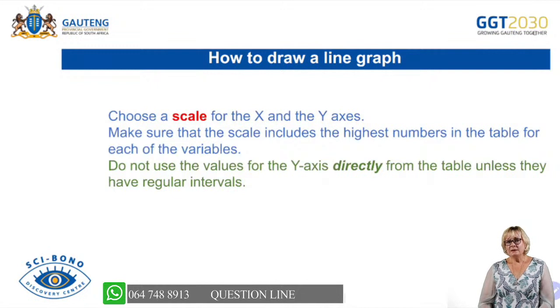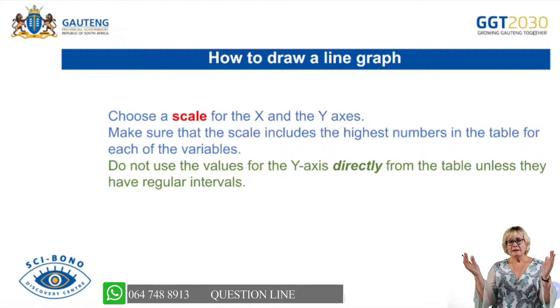Make sure when you look at the values and you see the values are, let's say, 0 and 5 and then 7 and then 11, then it means you cannot use that as your scale, because the difference is not kept constant. Then what you do, you look at the smallest number and you look at the biggest number. And then let's say it goes from 0 to 20.